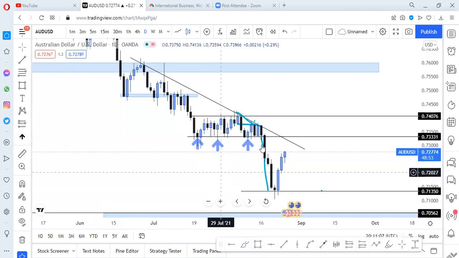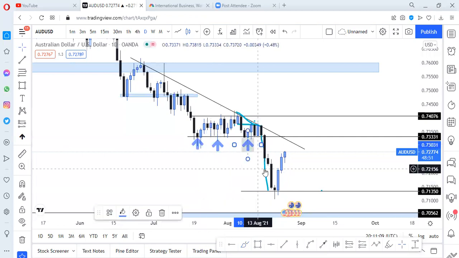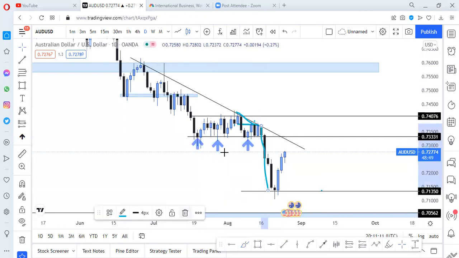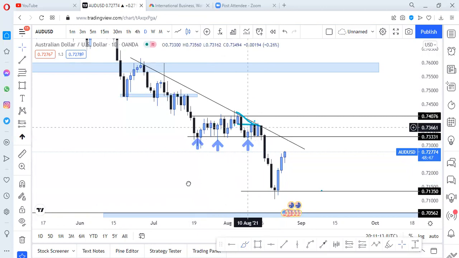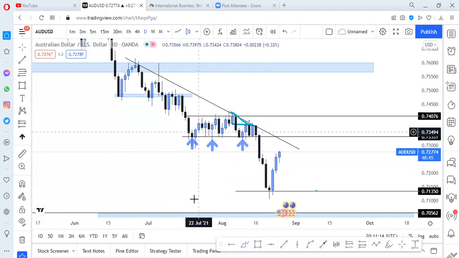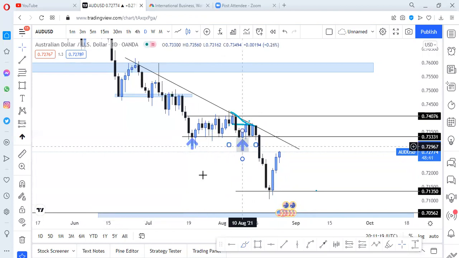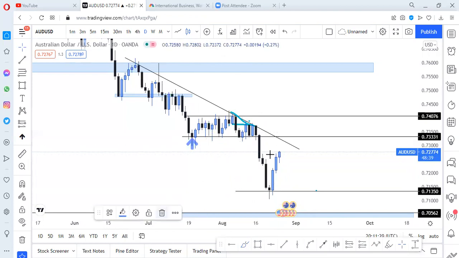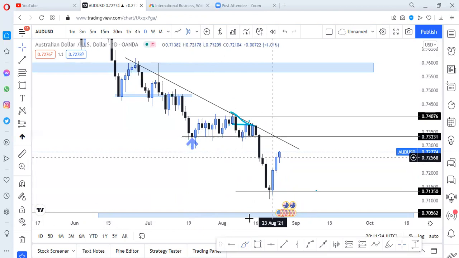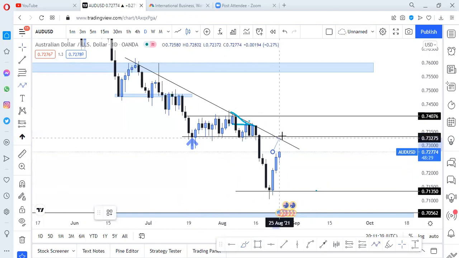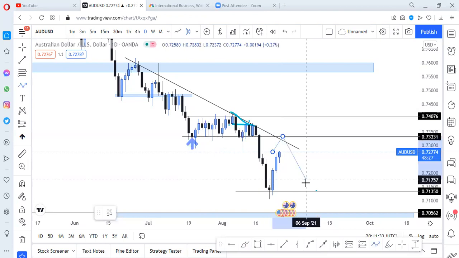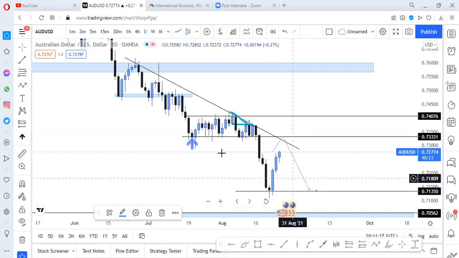So now, if you can extract what's important out of this chart, you can see that there are many chances that this is going to be our new resistance. I'm telling you, there are higher chances that this price is going to retest this level and eventually dive down again, continuing with the trend.